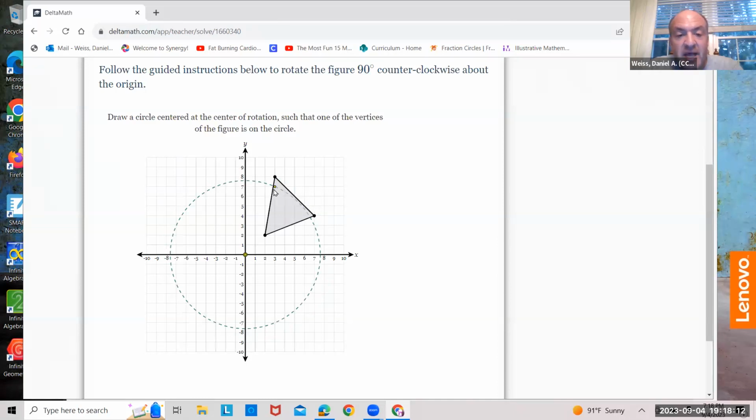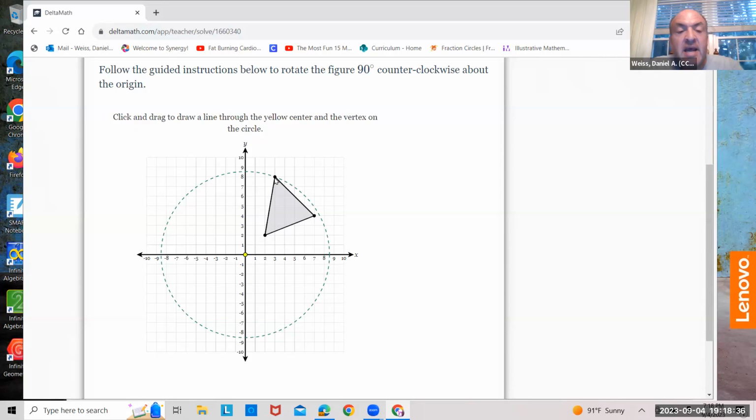Notice how it's black now, and now it's yellow right there. If I put it on the dot here, the dot is yellow there at the point 2, 2. So I'm going to go ahead and put it here at the point 3, 8.